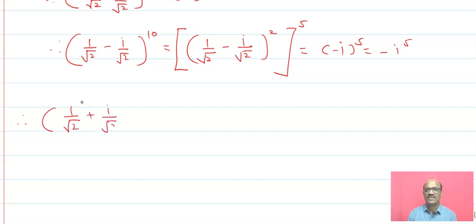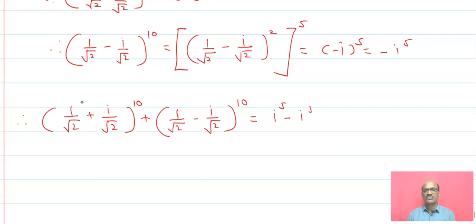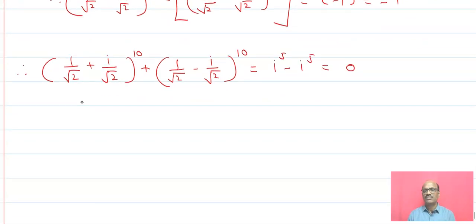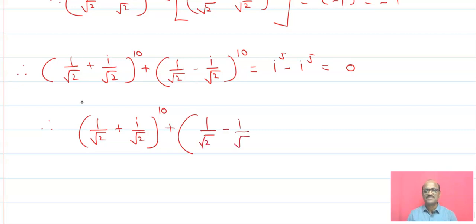Therefore, (1/√2 + i/√2) raised to 10 plus (1/√2 − i/√2) raised to 10 is equal to i raised to 5 minus i raised to 5, and that is equal to 0. This is the 10th example, and it is proved.